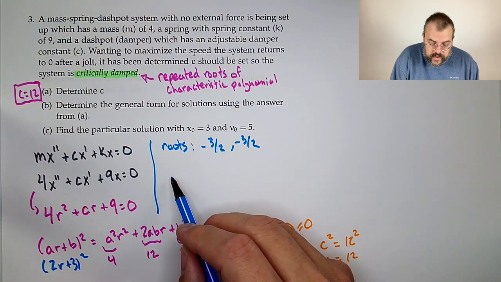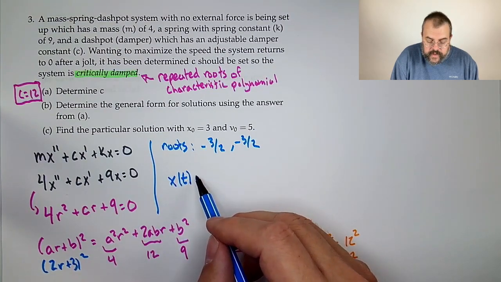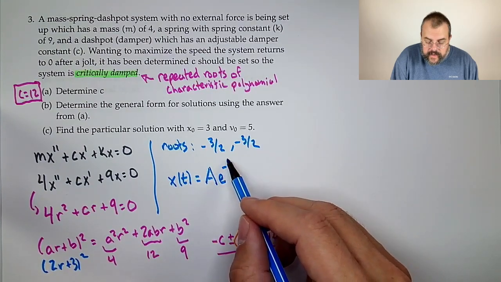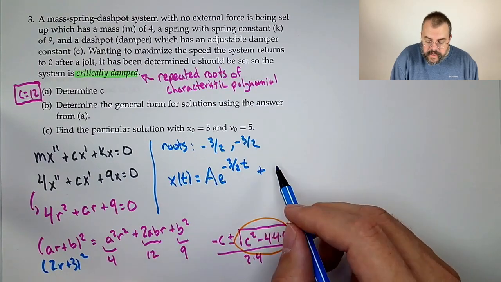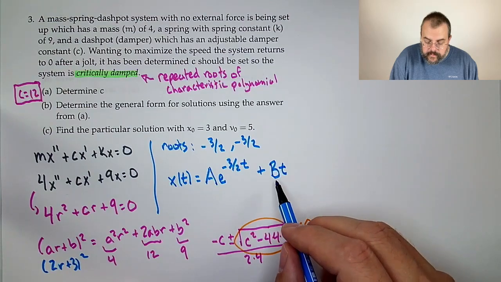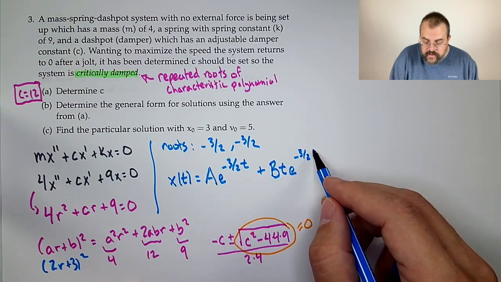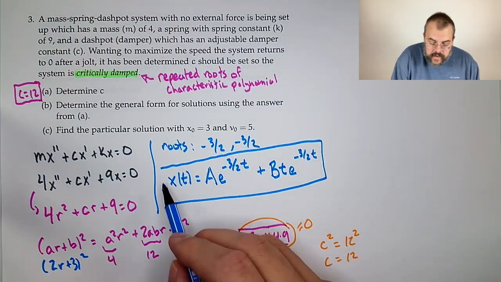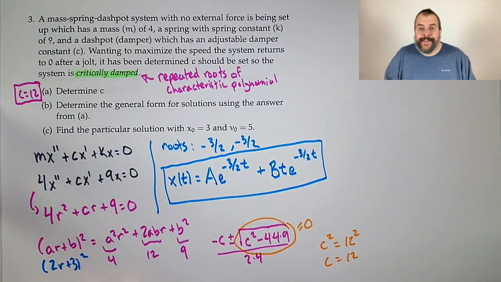So we say our general form will be x of t equals some constant a, e to the minus 3 over 2 t. And now it's a repeated root, so we're going to do our bumping up: some constant b times t times e to the minus 3 over 2 t. And that's part B.